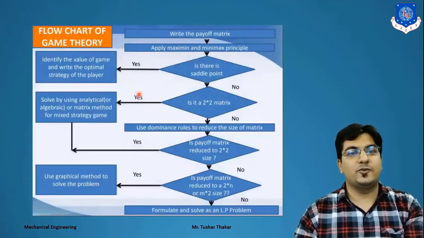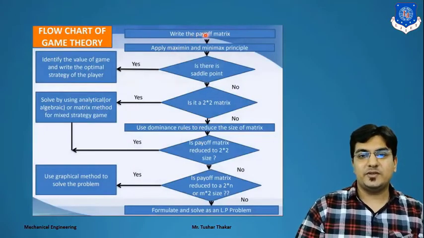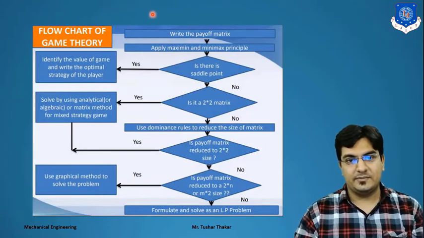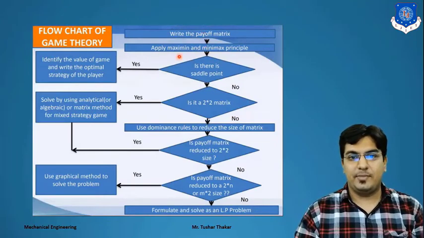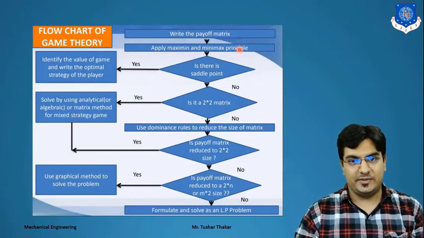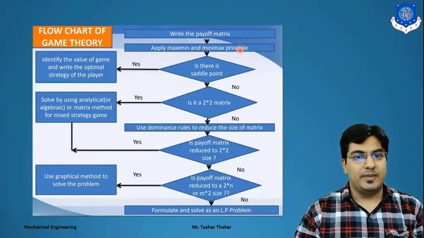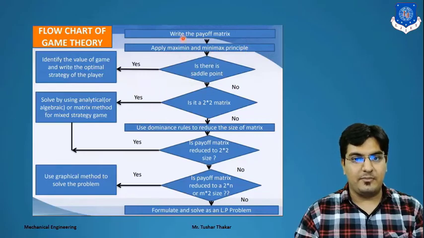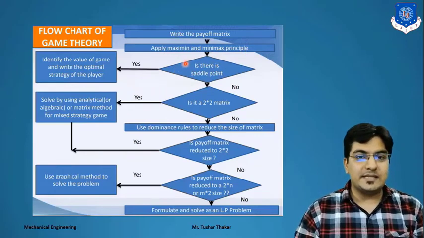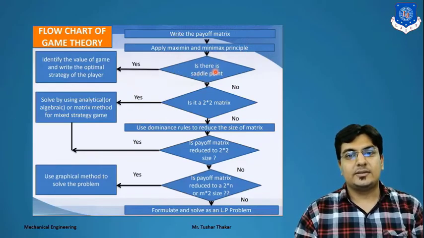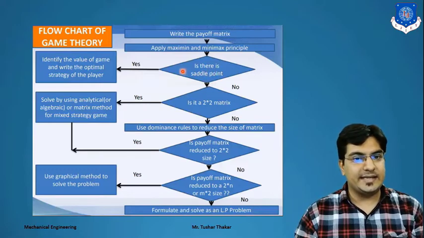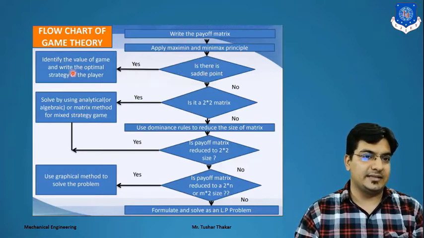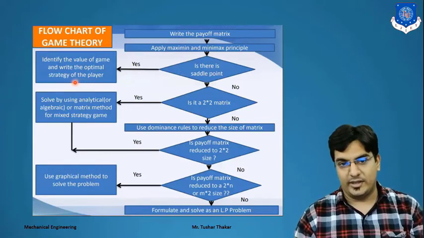Here is the basic flow chart of game theory. First, we have to write a payoff matrix. After that, we apply the maximin or minimax principle, which means finding the minimum value of each row and the maximum value of each column. If a saddle point exists, then the value of the game is that saddle point.